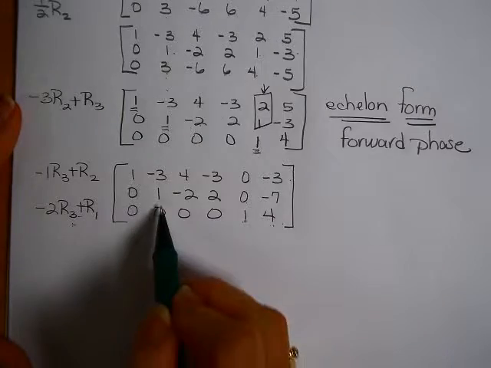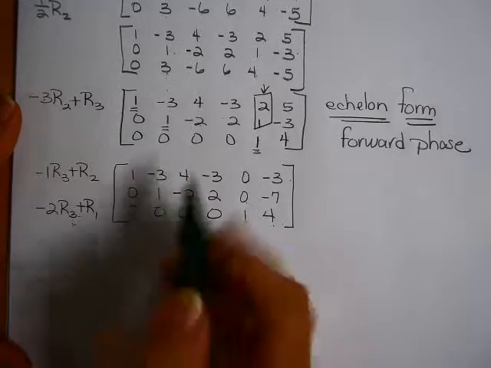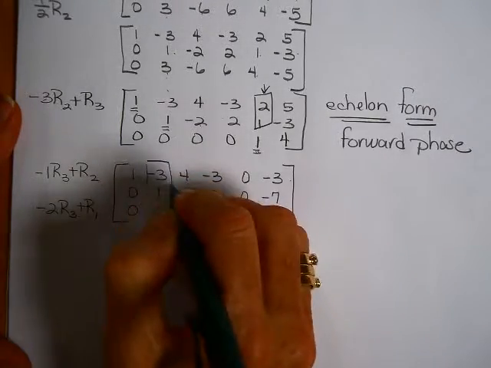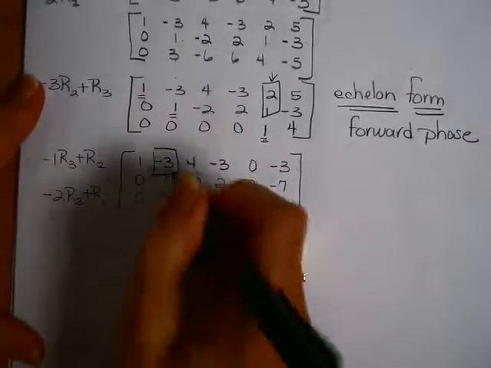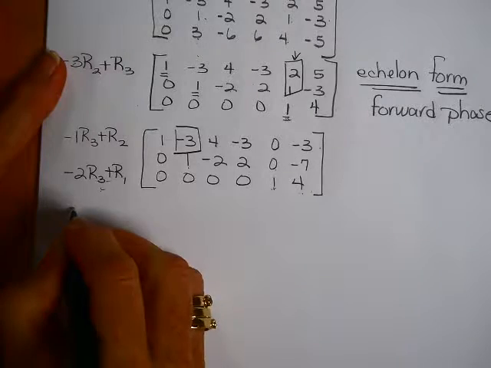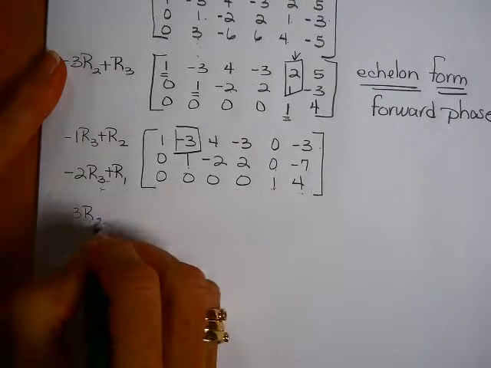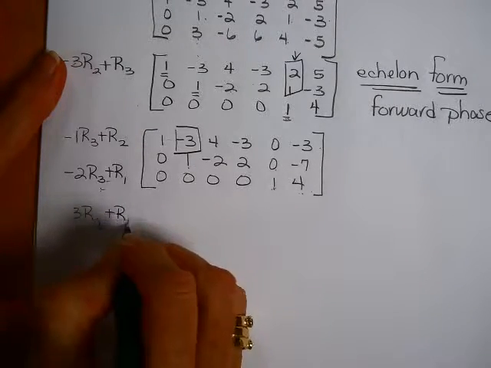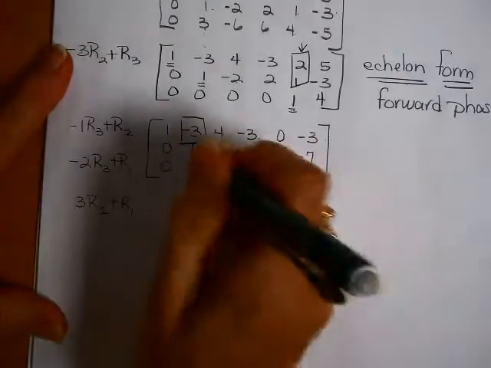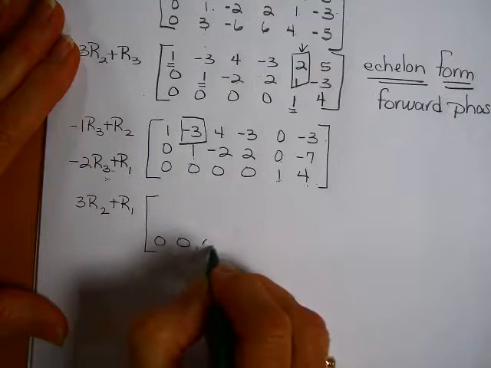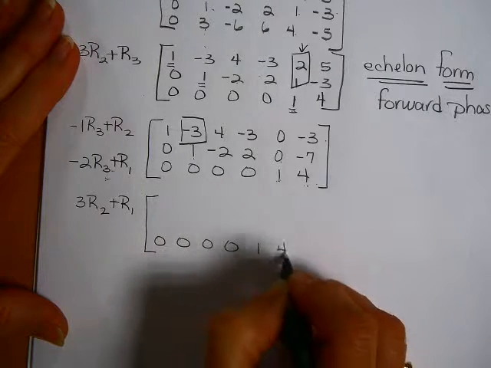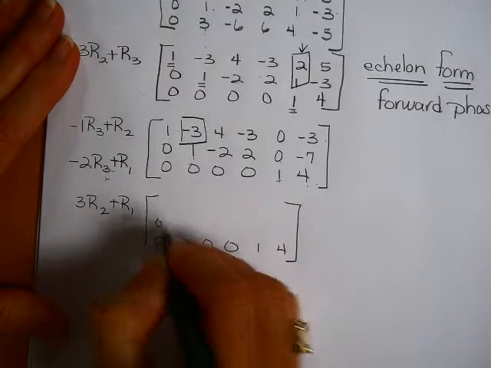Moving backwards, here's my next pivot. Above this pivot has got to be a 0. So to make this turn into a 0, you multiply 3 times row 2 and add it to row 1, because you're looking at that second pivot right there. So the bottom row does not change. The second row does not change.